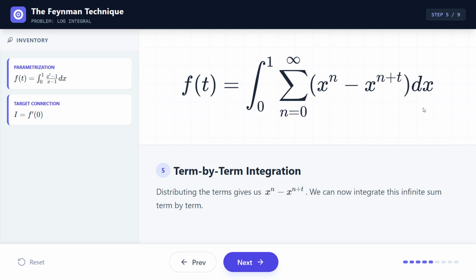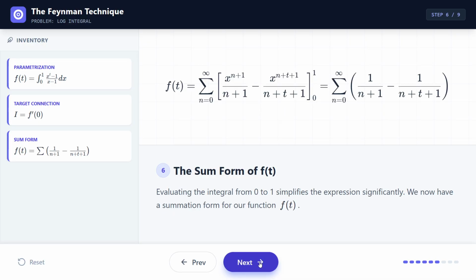Okay. So now what we need to do is switch our integration and summation. And we can do that because there's not going to be a problem with convergence when you do that. All right. So this is what happens here.